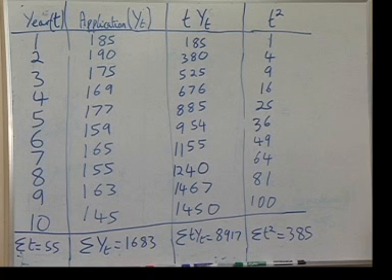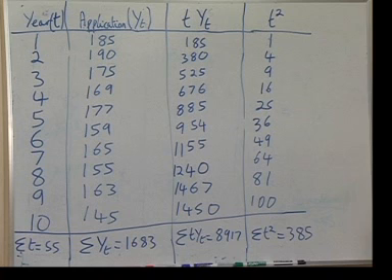Then we have the applications for those 10 years: 185, 190, 175, 169, 177, 159, 165, 155, 163, 145. Now that's the information given. The two new columns are TYT and T squared.